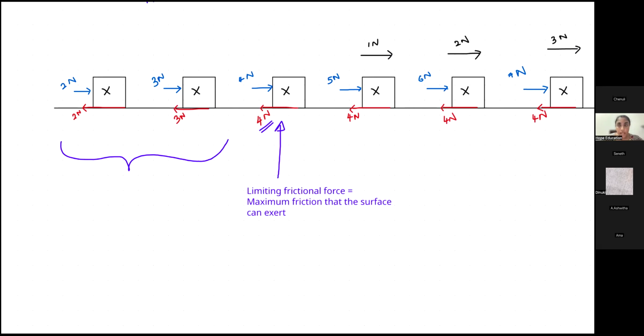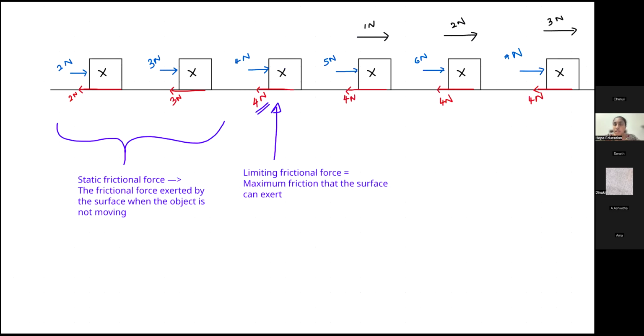The friction applied at the stages where the object does not move, these are called static frictional force. මේ කියන්නේ the frictional force exerted by the surface when the object is not moving, right?